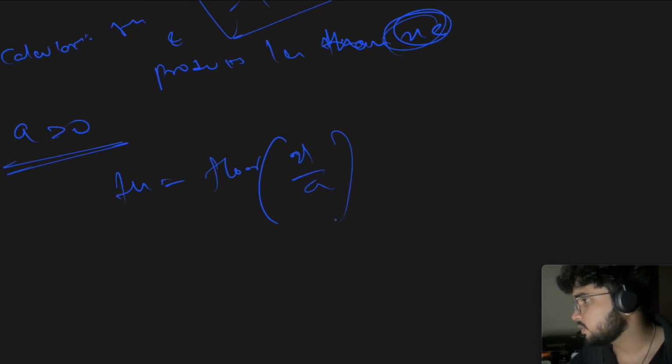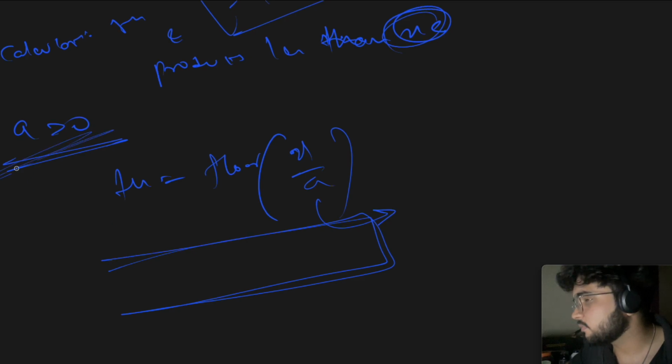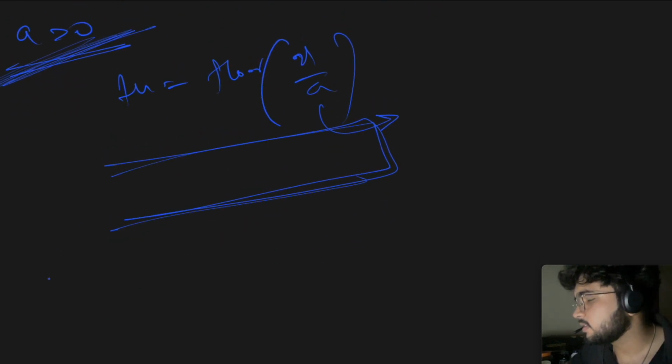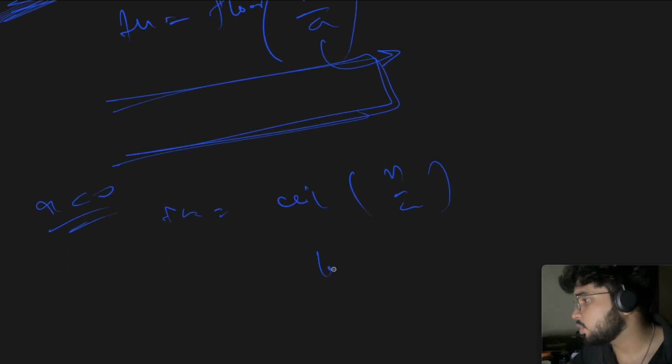Then we'll take upper bound, which means the element just greater than this, and we'll take all of the elements less than that, because for a greater than 0, we want the second number as low as possible, so that it doesn't exceed x. For a less than 0, threshold will be ceil of x by a, and we'll do lower bound.